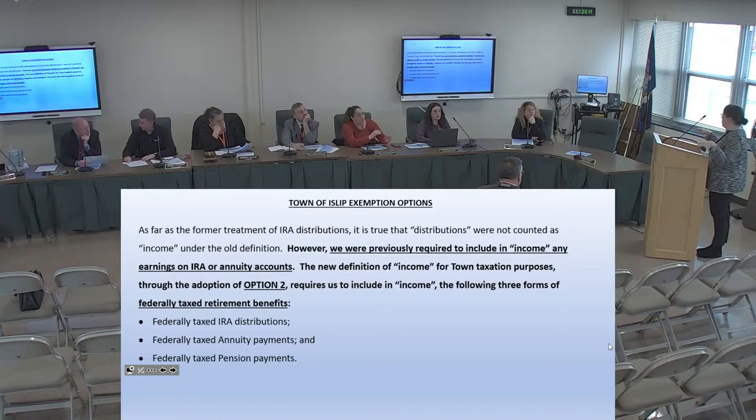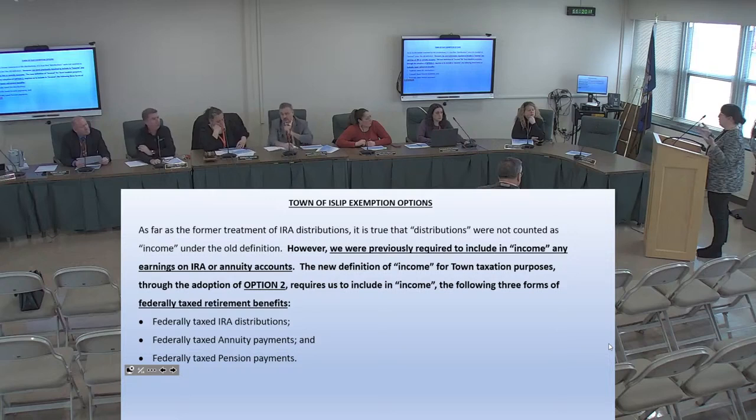Because the income is reduced, there would be a greater number of qualified applicants and a greater shift of value that was taxable and is now exempt. So the rest of the taxpayers must pick up that difference. The rate will increase as a result of that. The extent of that increase is not known.